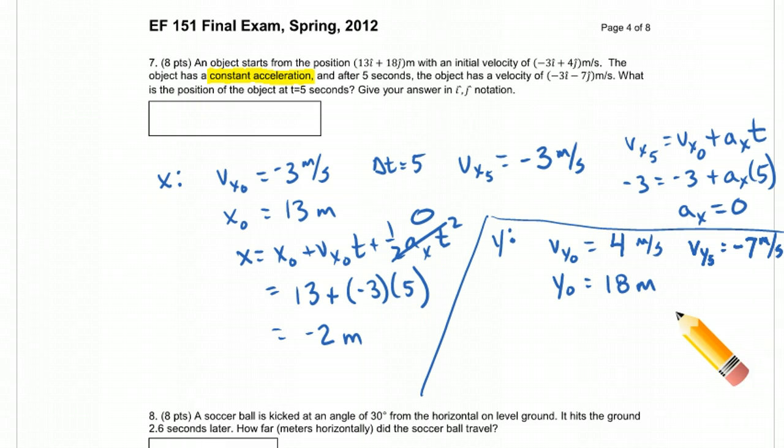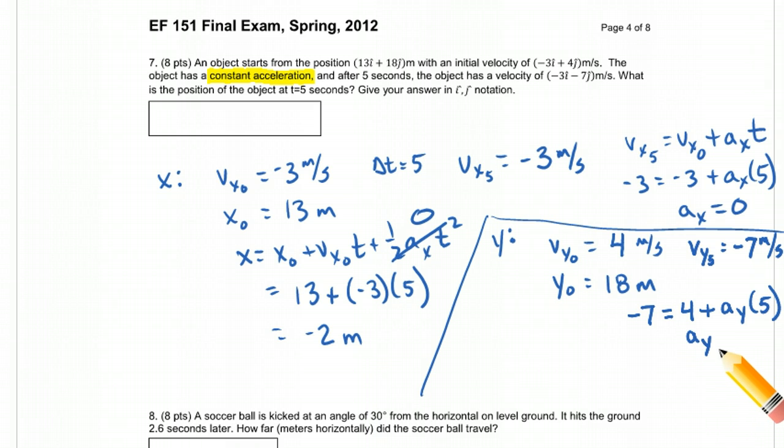We use the same sort of approach as this one right up here, only use y values. So my final y velocity is minus 7. It's equal to my initial y velocity of 4 plus acceleration in y times my time.